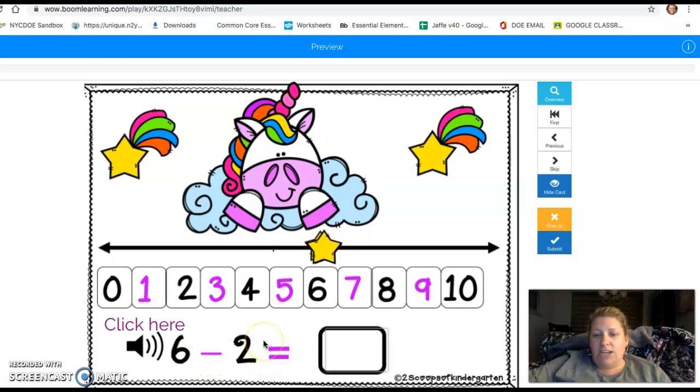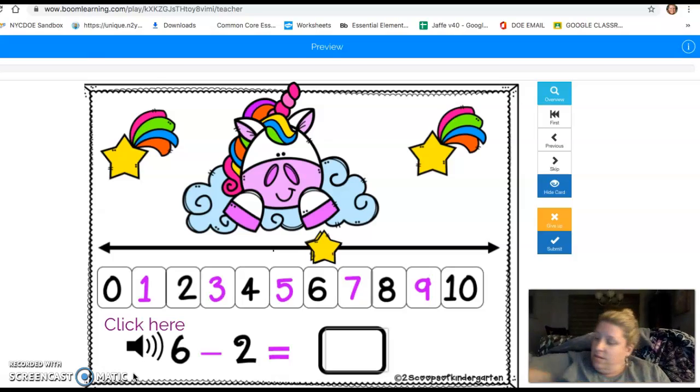So how many objects do we need to find? 6. Good. So count 6 with me with your coins or cereal or whatever you grabbed. Ready? 1, 2, 3, 4, 5, 6. So we have 6 objects in front of us.